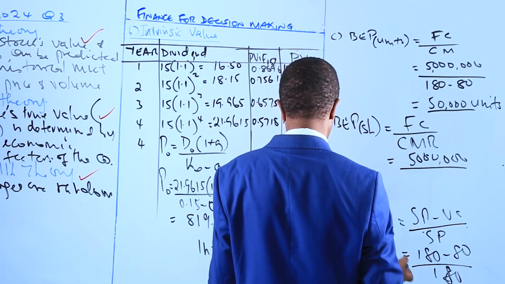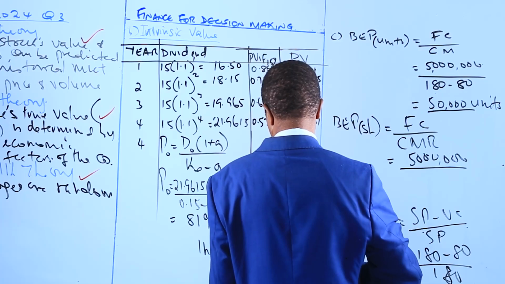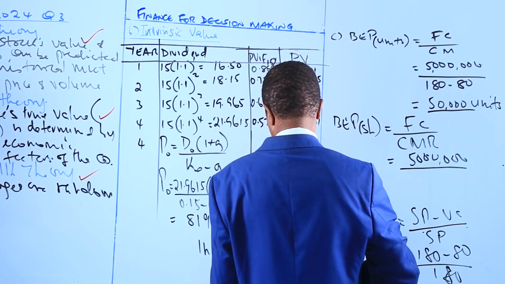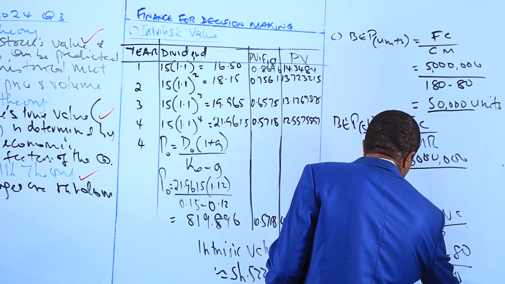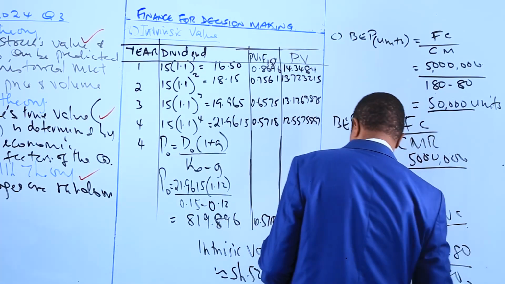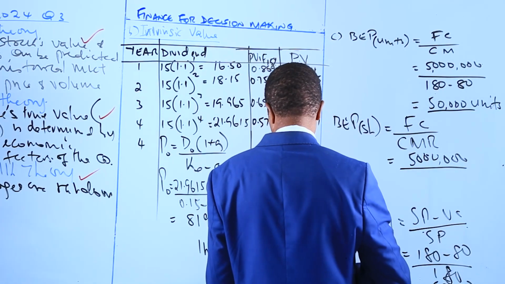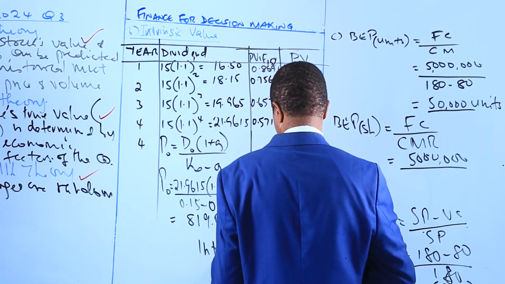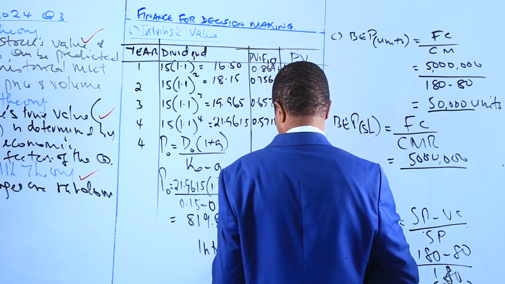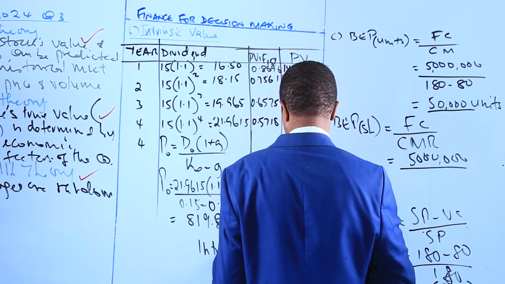0.55555. So I'm going to divide the 5 million by that ratio. 5 million divided by 0.55555.